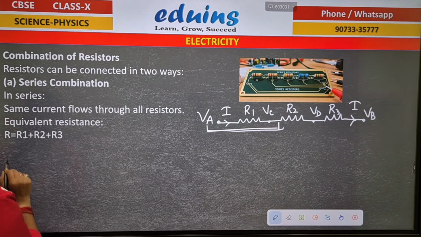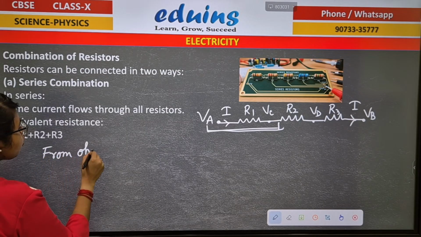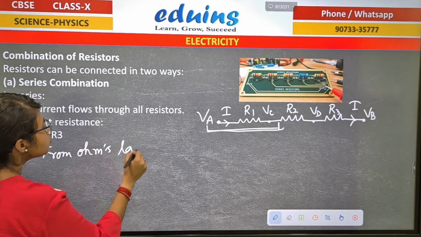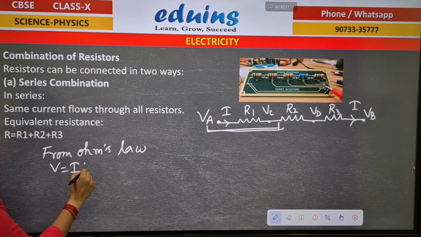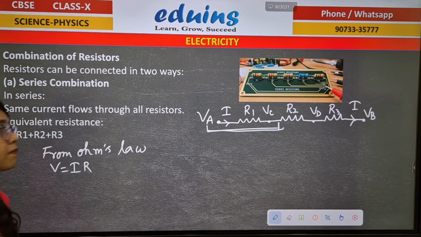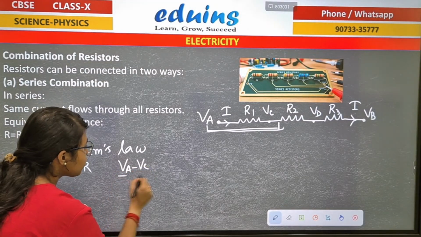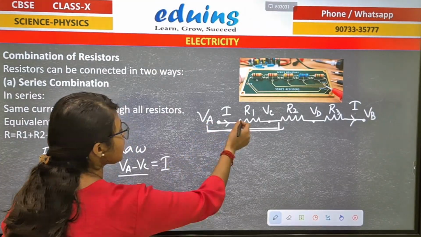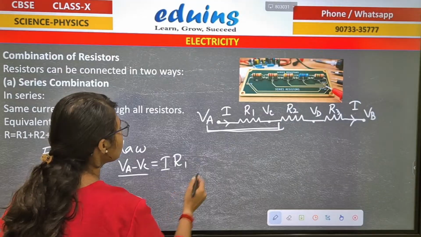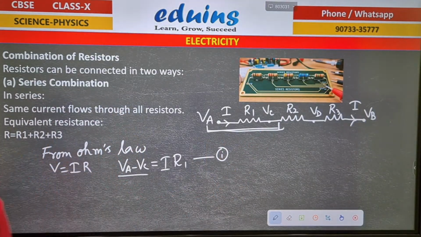So VA minus VC, from Ohm's law, V is equal to IR. For this part of the circuit, VA minus VC is the potential difference, the current is I and the resistance is R1. So this is equation number 1, for the first part of the circuit.